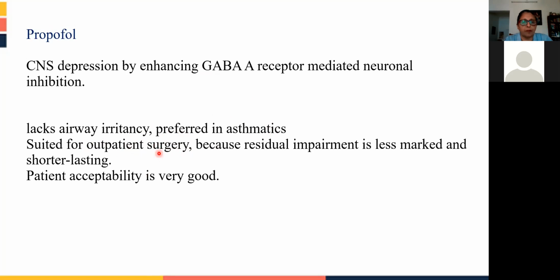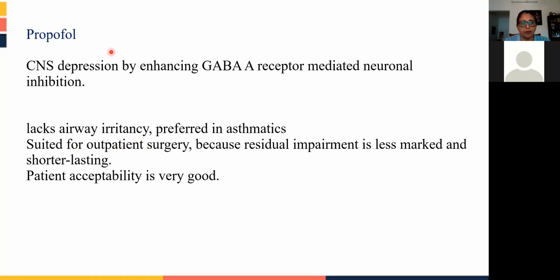If such OP surgeries are there, we can use propofol, because after this anesthesia the residual impairment is less marked. And if at all there is some adverse effect, it will last only for a short time. So it is used for outpatient surgery, and patient acceptability is very good because of the fewer side effects.